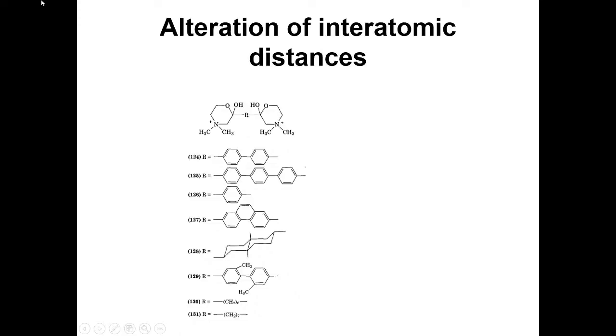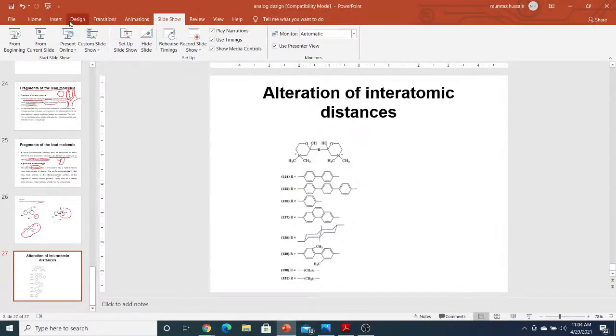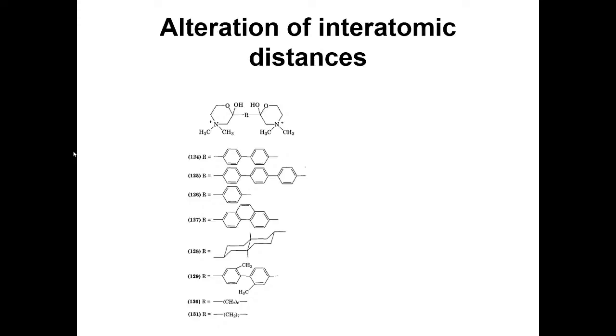So lastly, the alteration in interatomic distances. Here you have a drug molecule. What you can do is alter the interatomic distances of the molecules by introducing rings between two atoms or two rings.